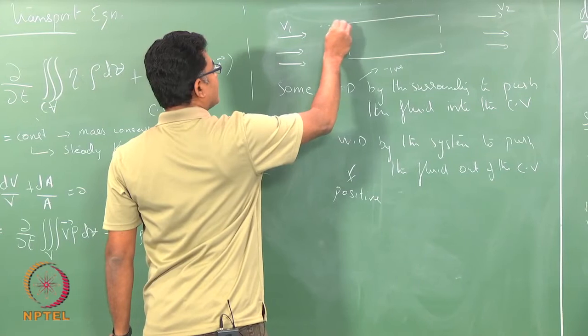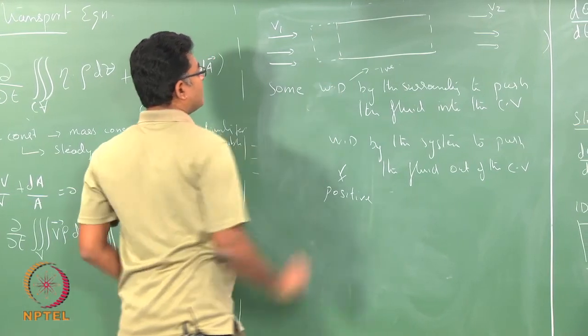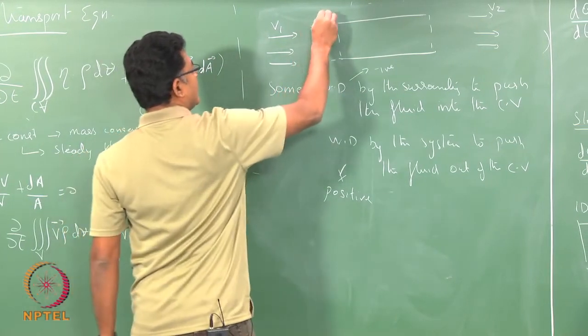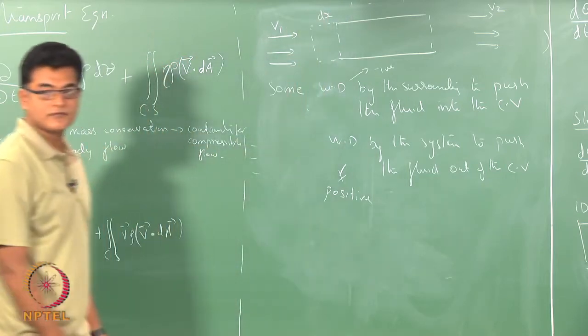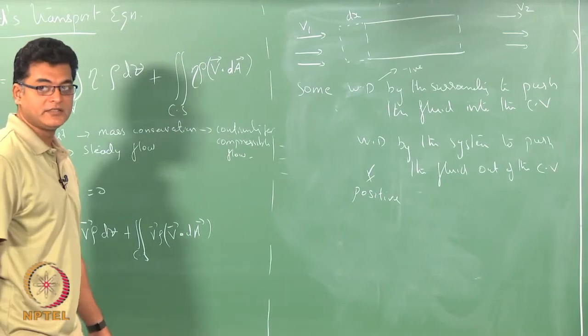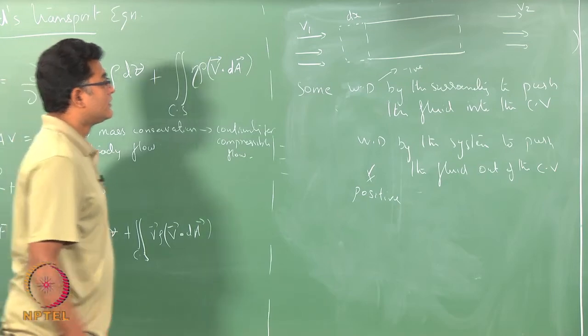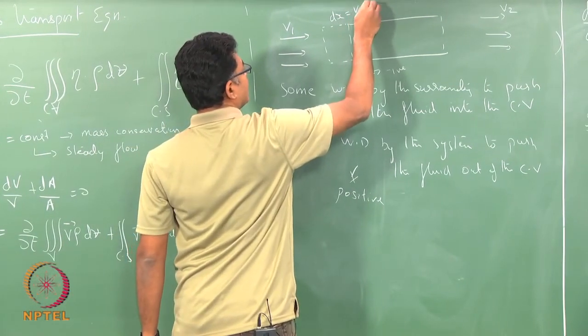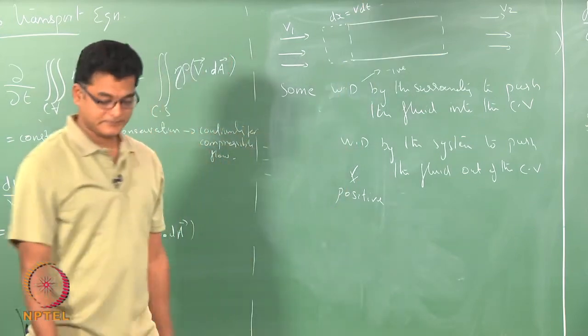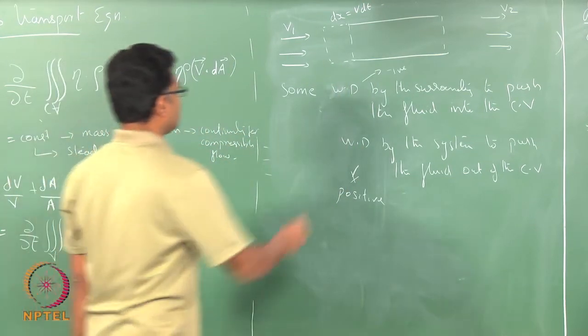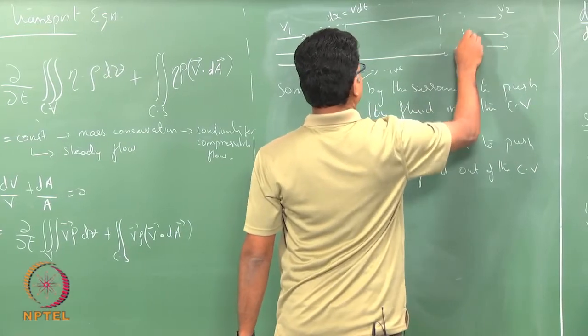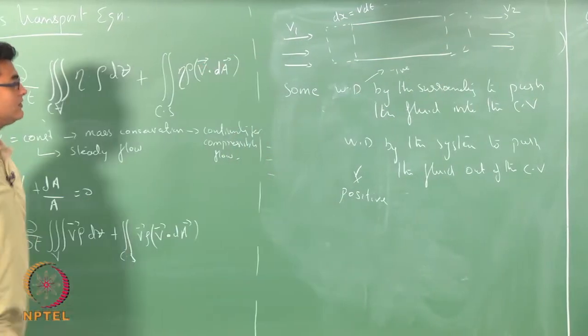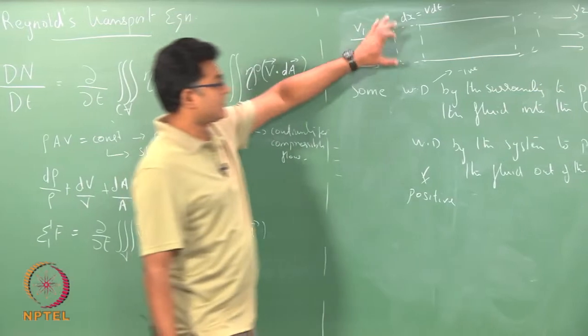If the fluid moves a distance dx in time dt, then dx is v dt. Likewise, here also.